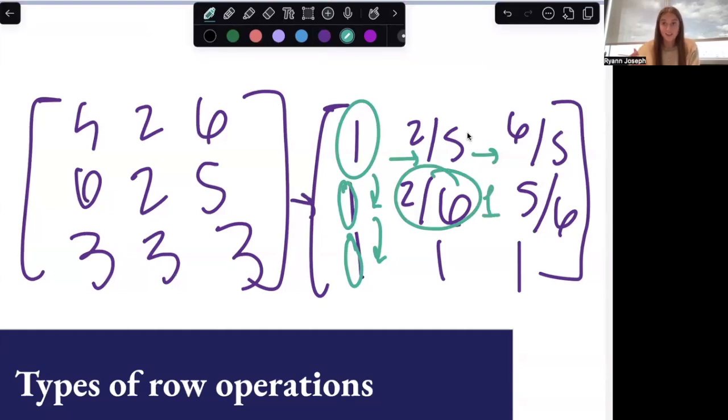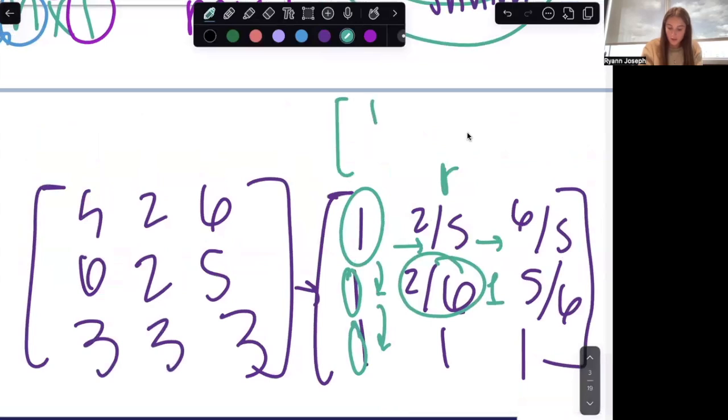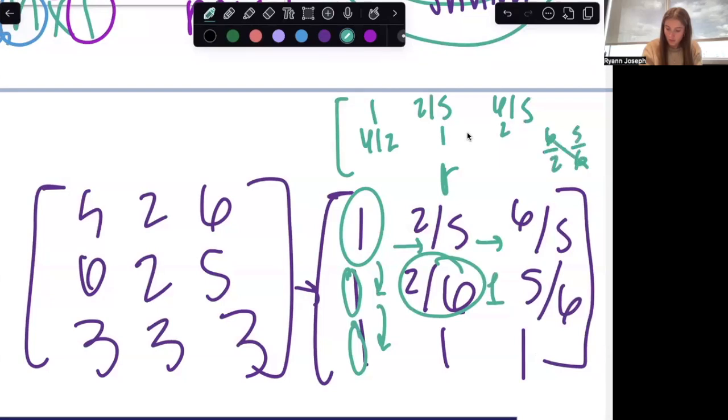For that to be our leading one, we'd have to multiply the second row by 6 over 2. 6 over 2 times 5 is 5 over 2. So I'm saying for the second row, I change it so the second value is that leading one.